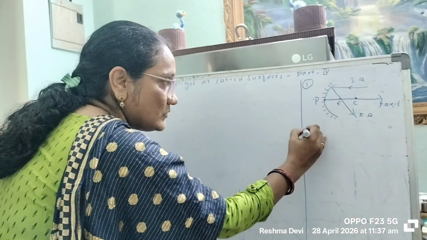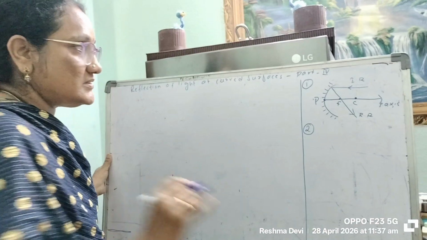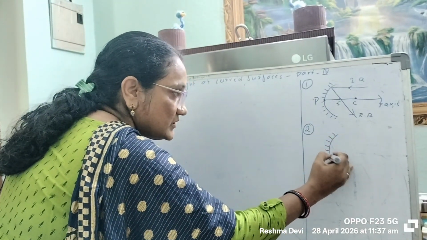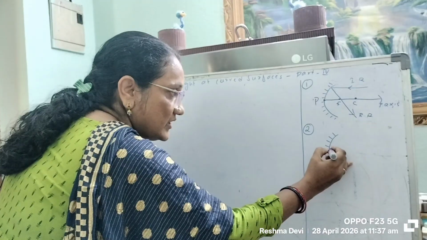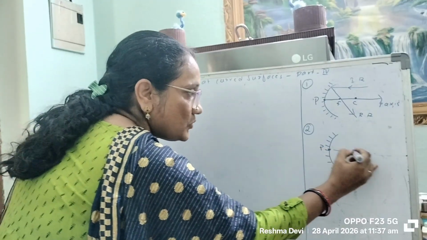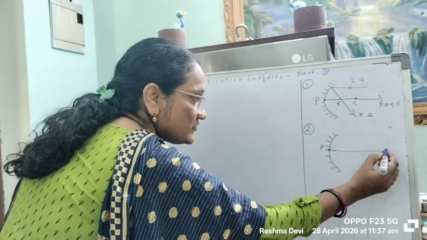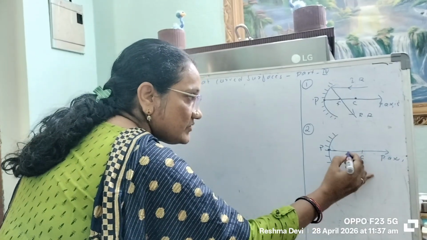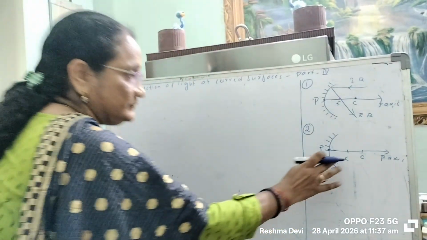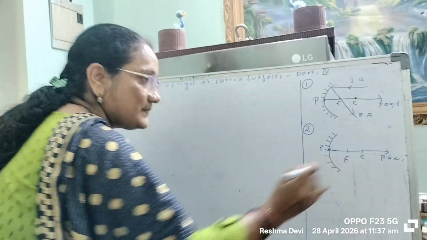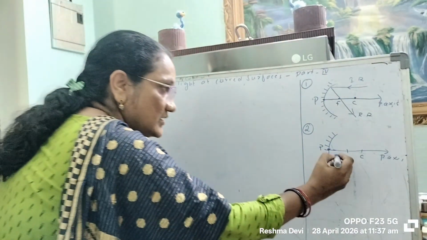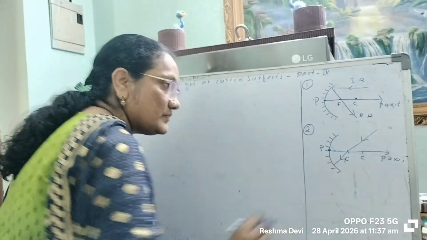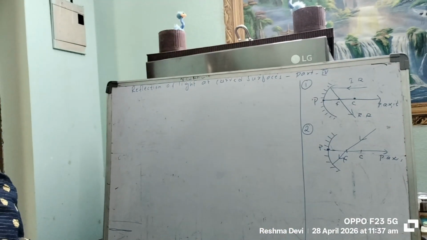Now the second rule. For the concave mirror, I identified all the positions such as the pole, which is the center of the curved surface, principal axis, center of curvature, and focus.